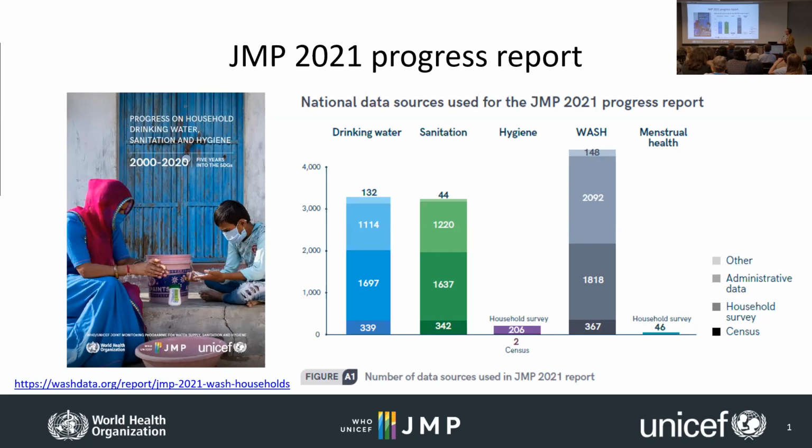But if we look at drinking water and sanitation, there's almost an even split between censuses on the bottom and household surveys, and then maybe a smaller number, but a significant number of data coming from administrative sources. And those might be a sector report or the report of a statistical office or a regulator, say about the quality of services.